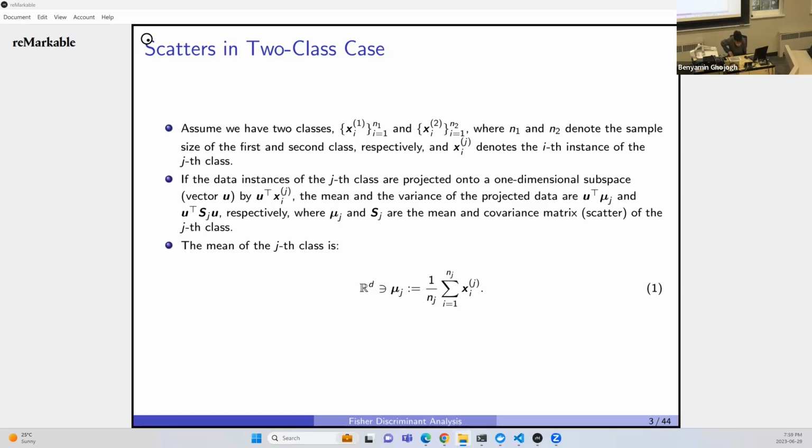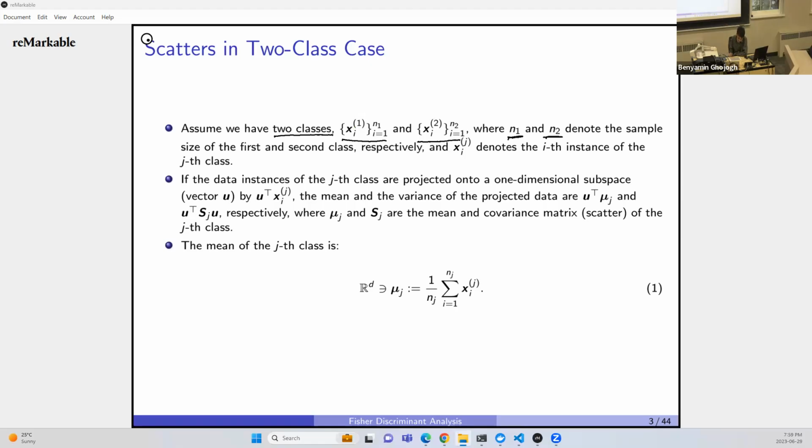Assume we have two classes for now. Why not? In each class, these are the points: x_i^1, where superscript 1 means class 1 and superscript 2 means class 2, right? n1 is the number of points in class 1, n2 is the number of points in class 2.